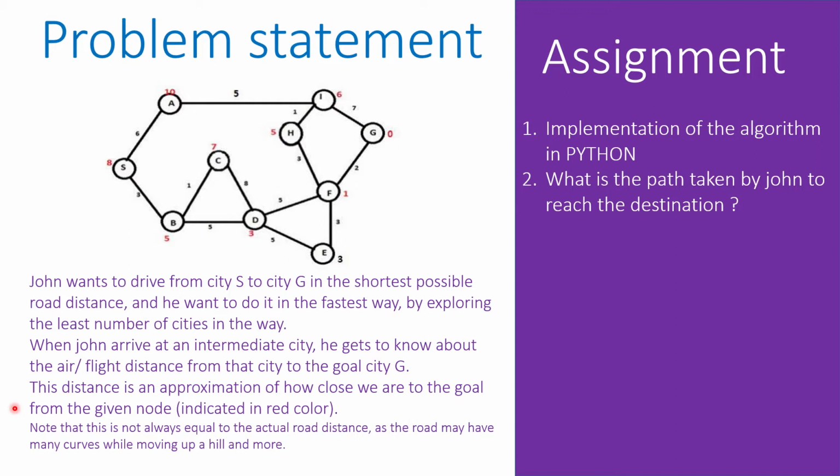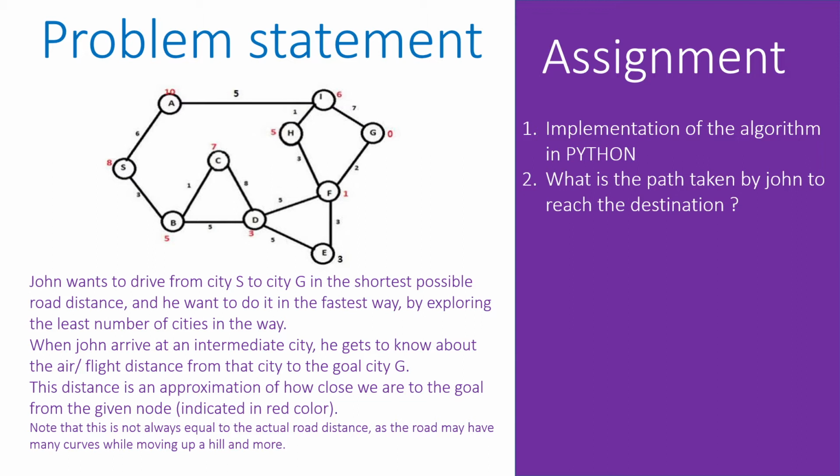So, we are given heuristic values to guide our algorithm to find the shortest optimal path. Note that this is not always equal to the actual road distance, as the road distance may have curves. That means road distance is always greater than air distance, so we can say our heuristic function is consistent.